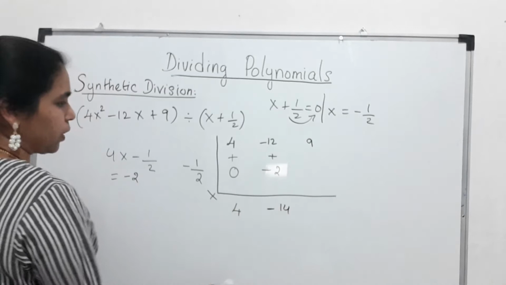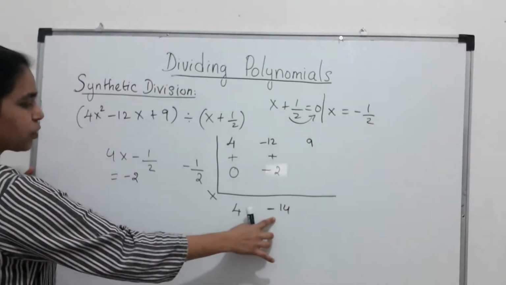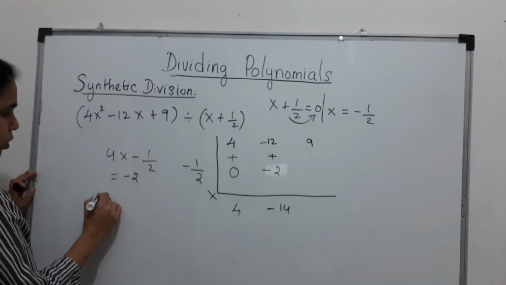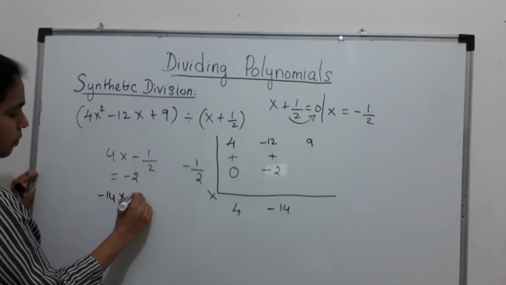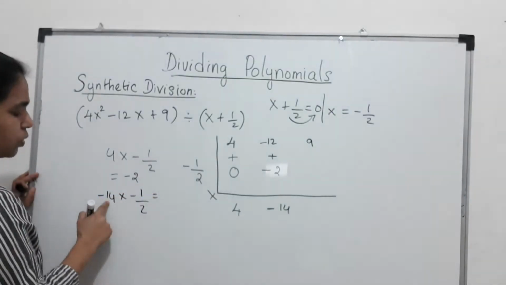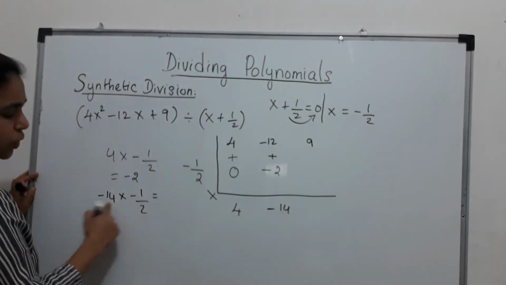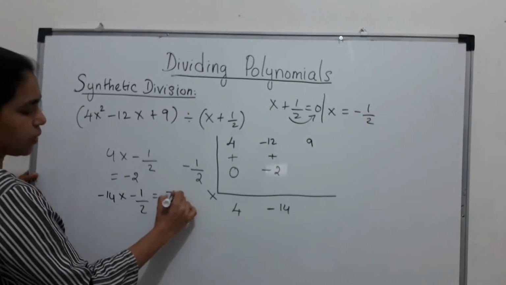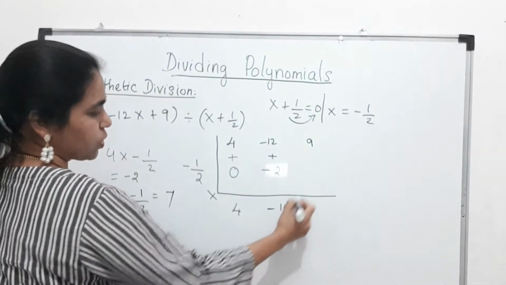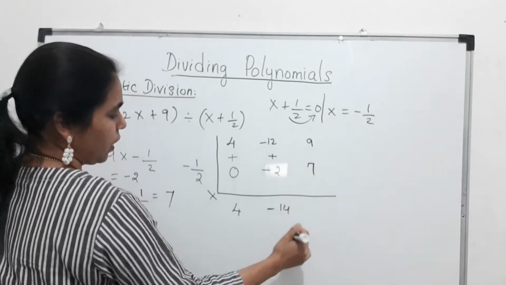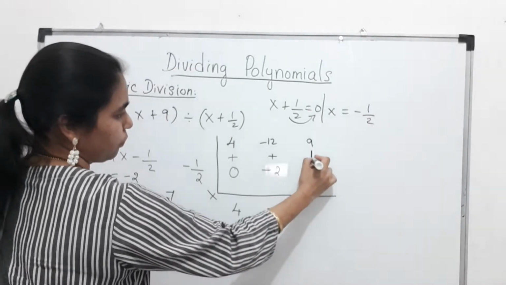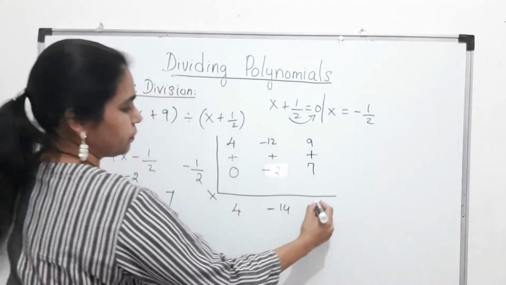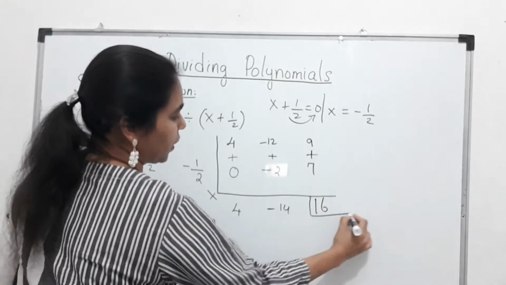Now you have to multiply negative 14 with minus half. Negative 14 times minus half, half of 14 is 7. Minus and minus will become plus, so that is 7. Okay, so you write 7 in here, and now you have to add these two. So 9 plus 7 is 16. So this is the remainder.